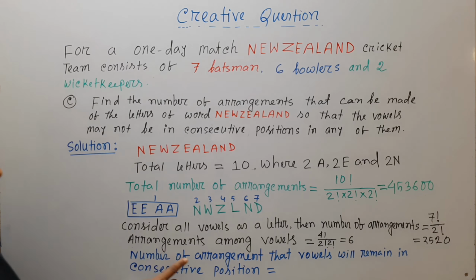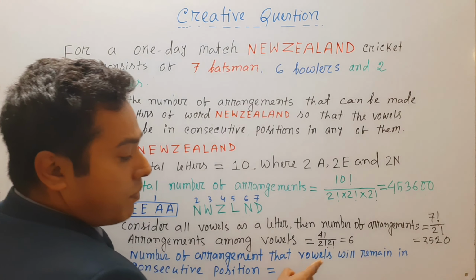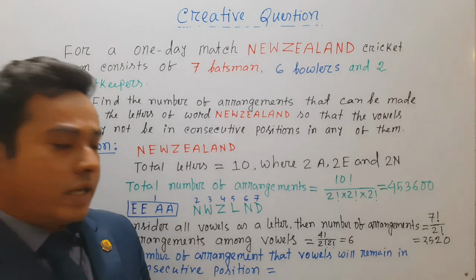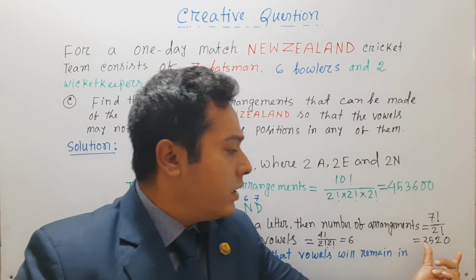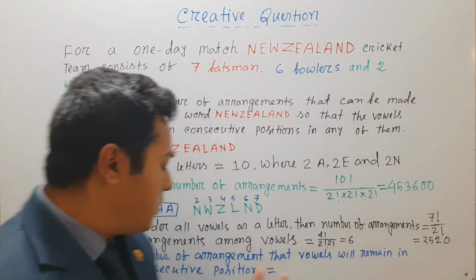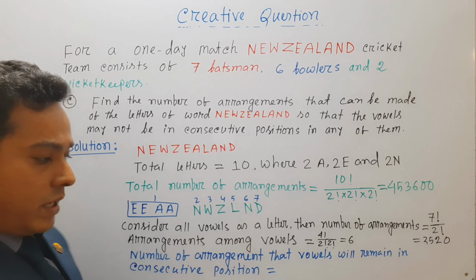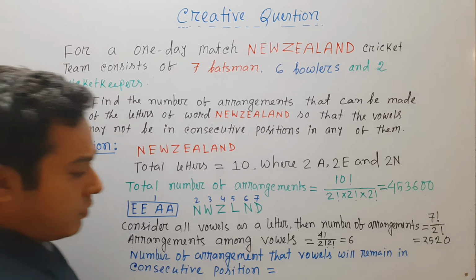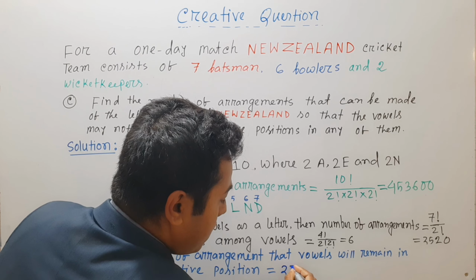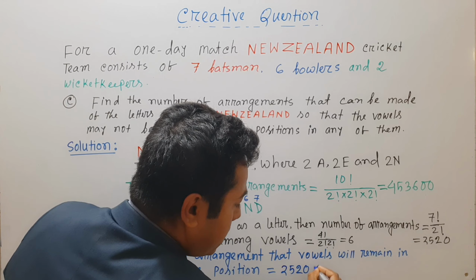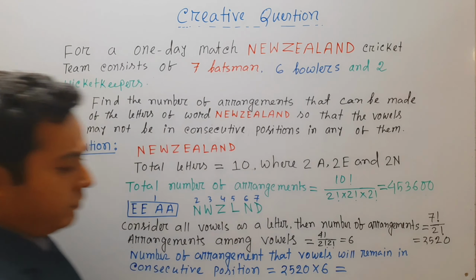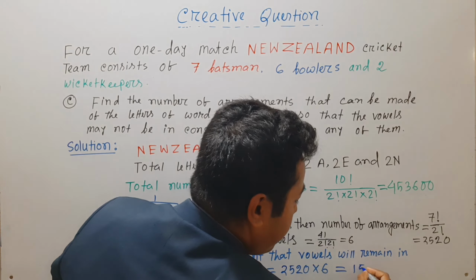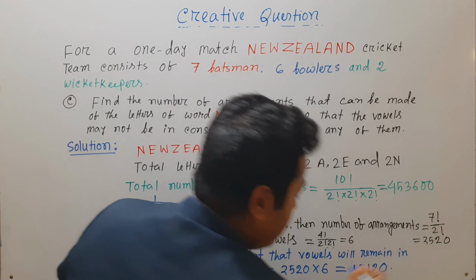Now the number of arrangements where vowels remain in consecutive position, that means vowels occur together, is the multiplication of these numbers: 2520 into 6 is equal to 15120.